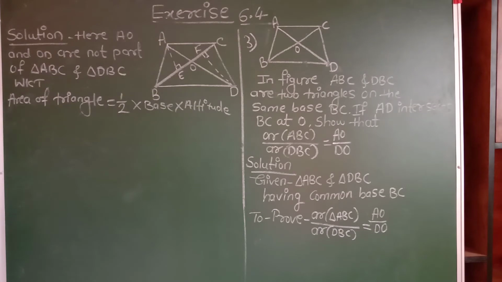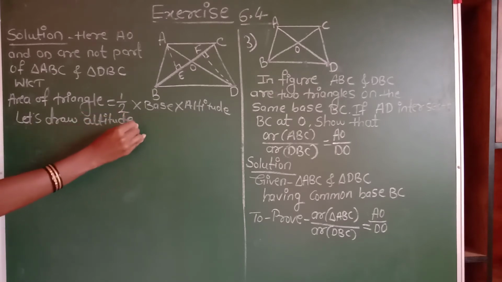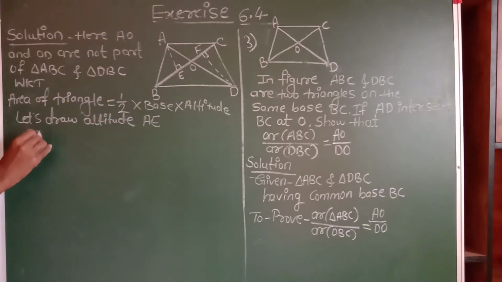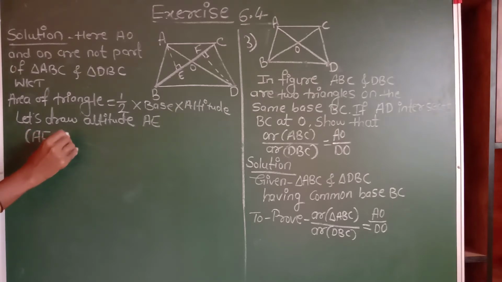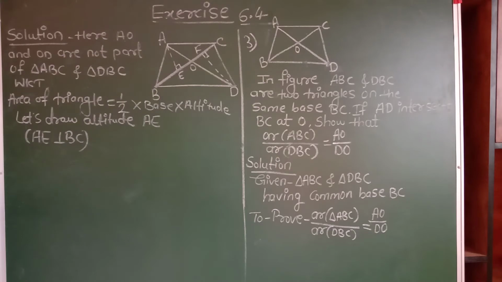Let's draw the altitude. I have already drawn one altitude, AE, which is perpendicular to BC.